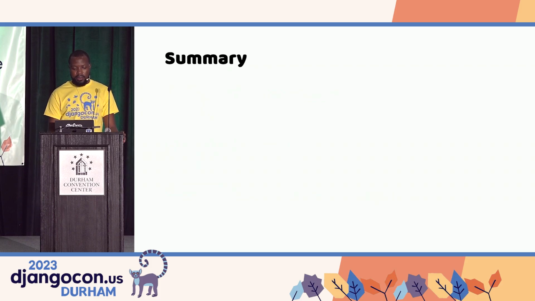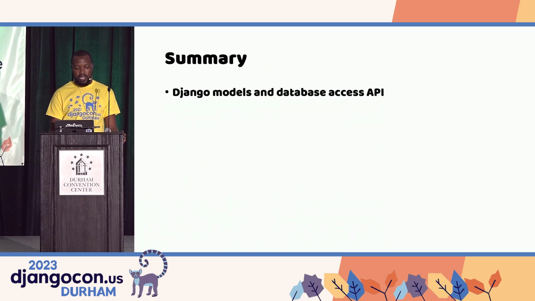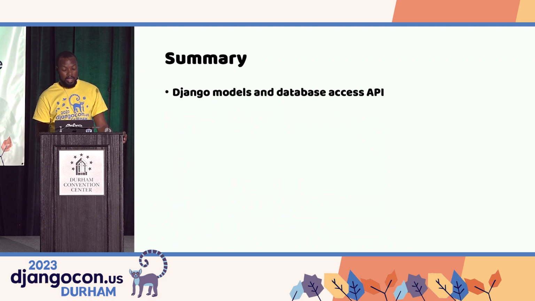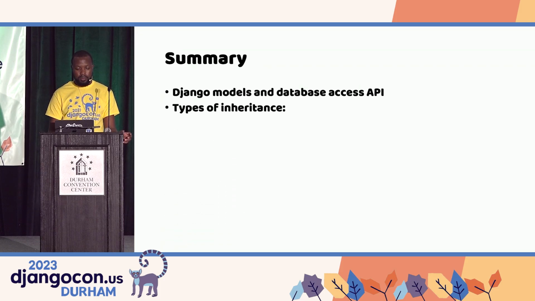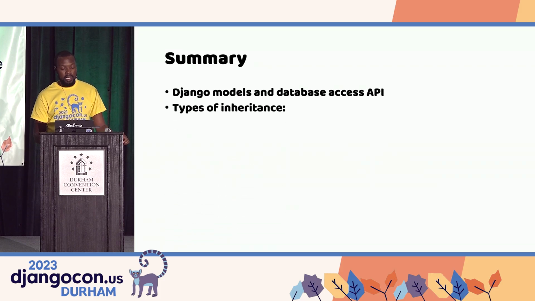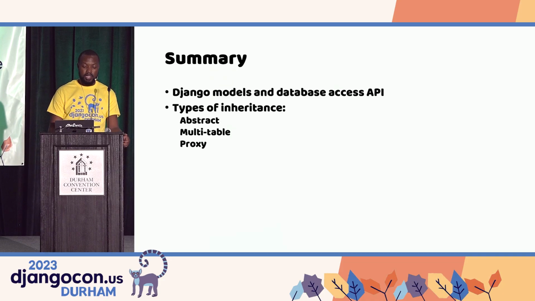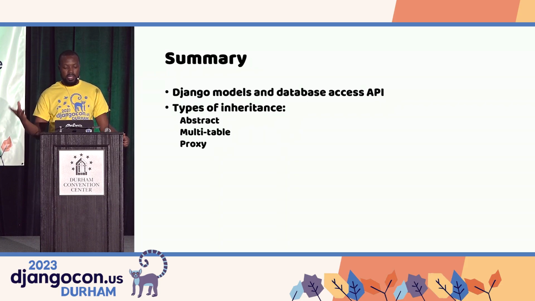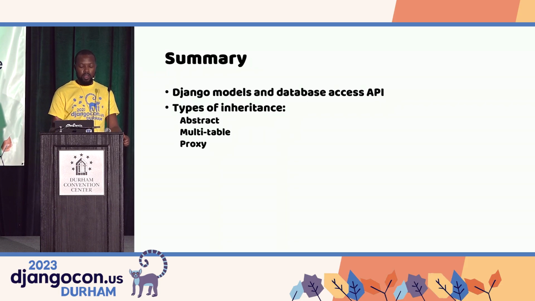So just to summarize, we have looked at Django models and the database access API, which I think is why people love Django so much. We have also talked about the types of inheritance, abstract, multi-table, and proxy. Abstract, we said we are trying to reuse the same fields, while a multi-table one has a different, separate table, but you just want to link the two.